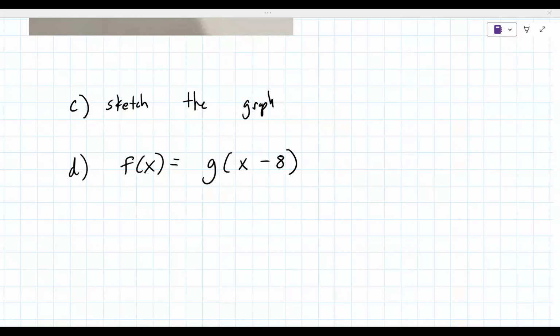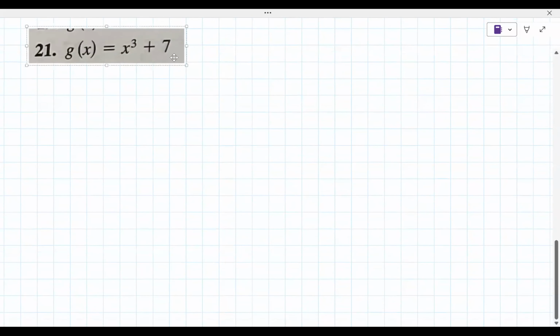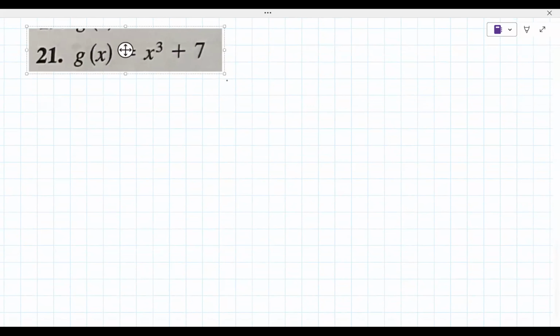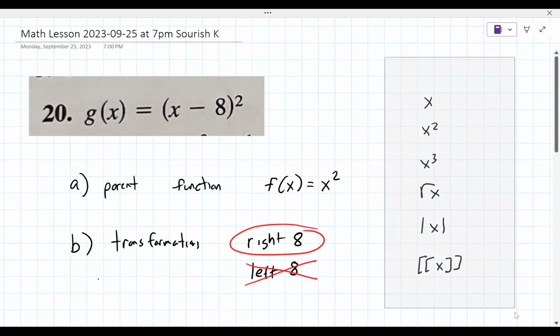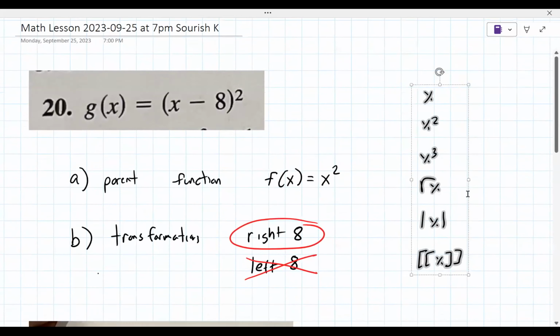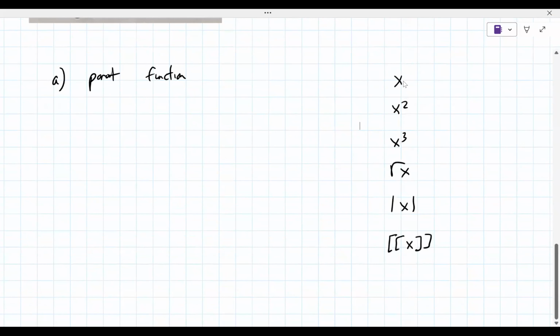21 is the next one in your assignment here. All right, 21. Part A is to determine the parent function. I'm going to go back and grab that list up here. You could have been given something like this in class, maybe even a more complete list. So which is the parent function? Can you just scroll up so I can copy that down?